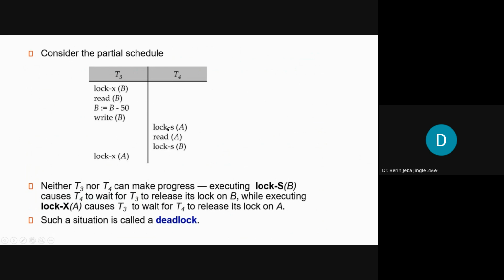So it reads A and it locks B. Now lock A. This leads to neither T3 nor T4 being able to make progress; both are locked. Executing lock S of B causes T4 to wait for T3 to release its lock on B, while executing lock X of A causes T3 to wait for T4 to release its lock on A. This situation is called a deadlock.